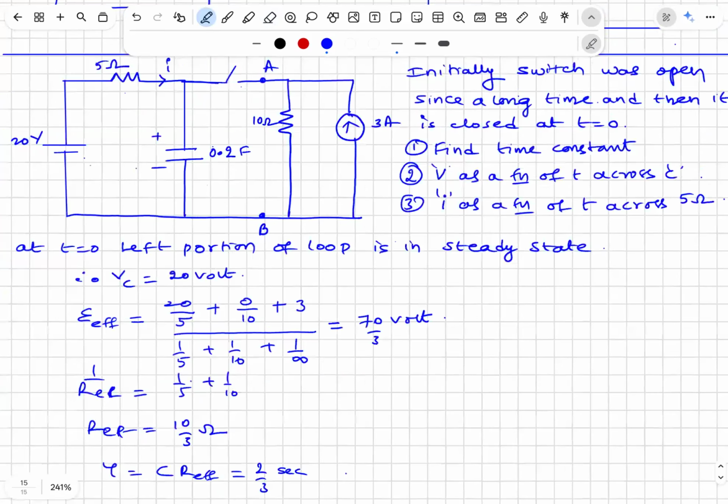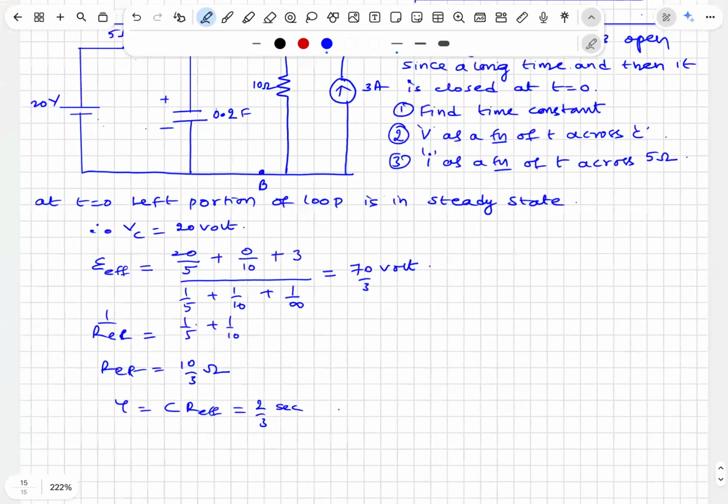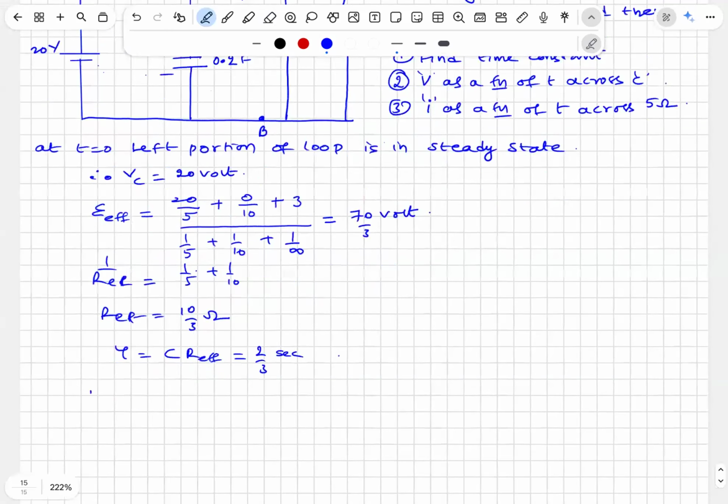V as a function of t across C. At t tends to infinity after closing the switch, E effective is 70 by 3 volt. You know this. It is across the capacitor.